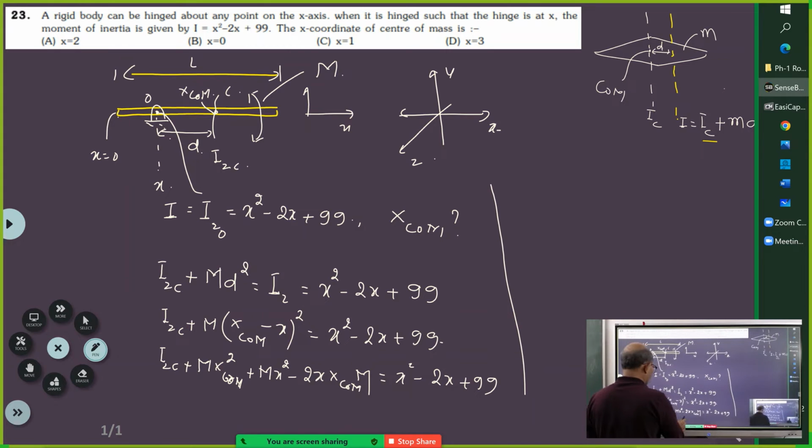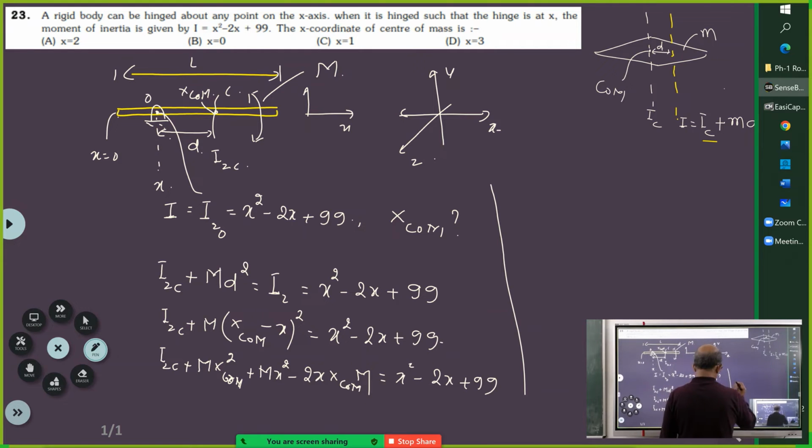Here you see, with x square there is only one thing, m, isn't it? The coefficient of x square is m. And the coefficient of x will be minus 2 xcom m, which is equal to minus 2. Correct now?